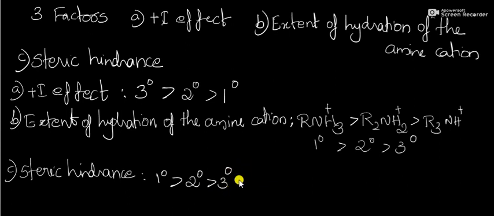So tertiary will be less basic than secondary, which will be less basic than primary. And this steric hindrance factor tends to decrease the basicity of the amine. Then what will be the order of basicity of amines? Primary will be more basic than secondary, which will be more basic than tertiary.